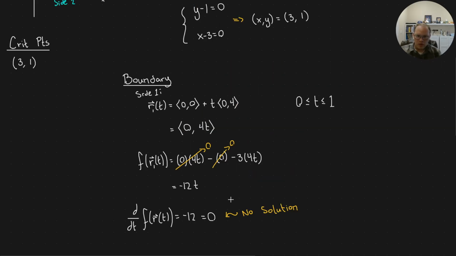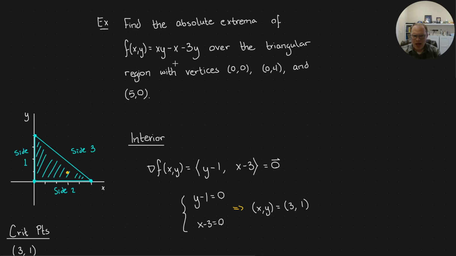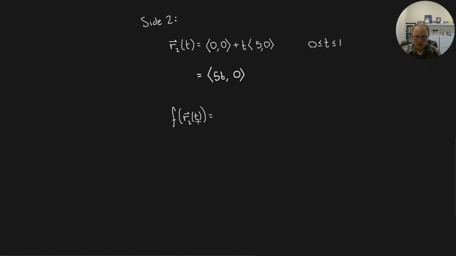Okay, so again, function f was xy minus x minus 3y. I'm going to plug in 5t for x, 0 for y. Again, we get a lot that goes to 0. I just get negative 5t.